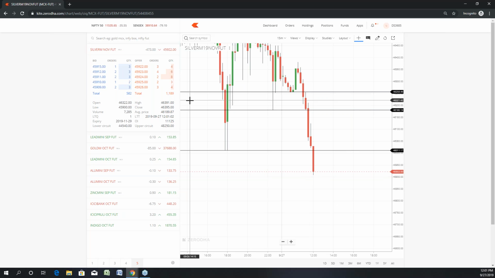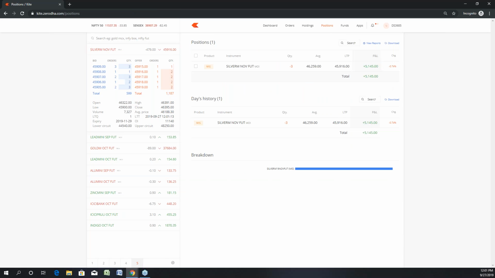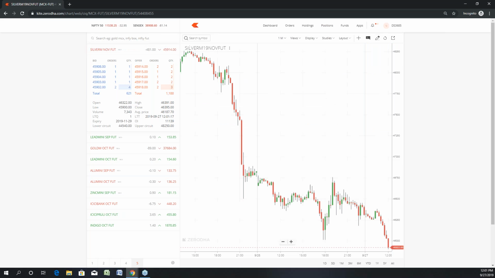So what is going to be my target in silver? We have a StockPro bang on setup, which gives us a very accurate entry and exit. The profits right now are running into 5,000. Let me tell you what could be my target.